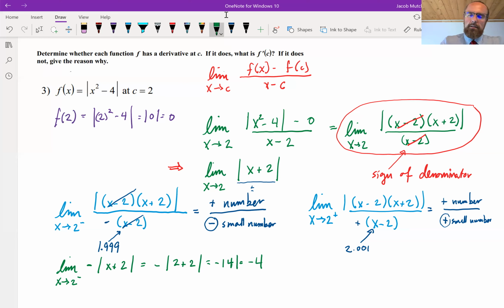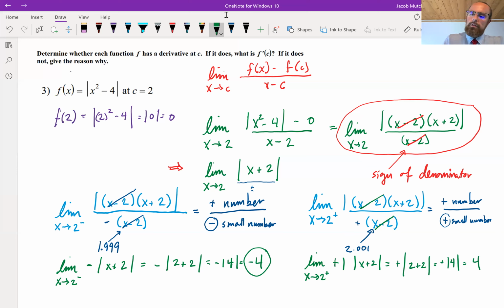So in this case, the limit as x approaches 2 from the right of the simplified form is going to be positive absolute value, let those cancel, x plus 2. Direct substitution would say that that's positive absolute value of 2 plus 2, which is positive absolute value of 4, which is positive 4. So when I compare those left and right sides, they're different.